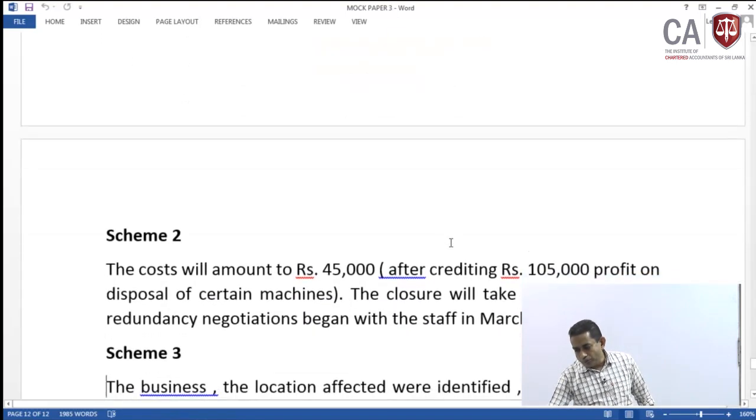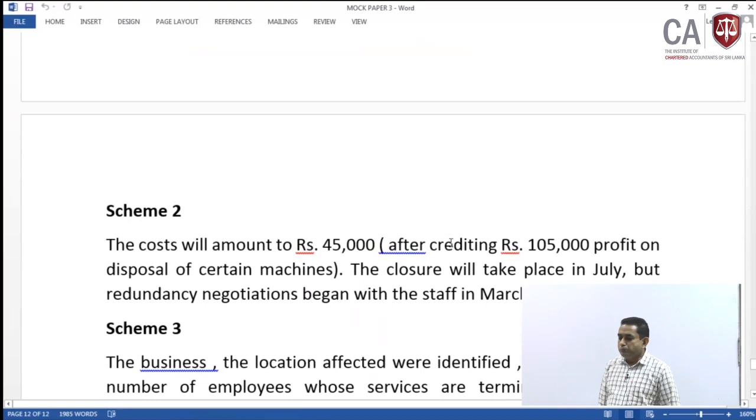Scheme number 2, the costs will amount to 45,000 after crediting 105 profit on disposal of certain machines. The closure will take place in July, but redundancy negotiations began with the staff in March. Everything has been alright, even the communication has been done ahead of the reporting date.